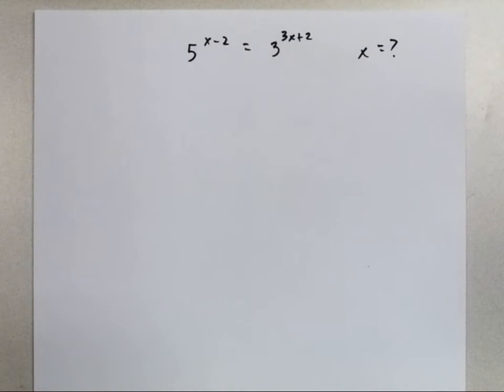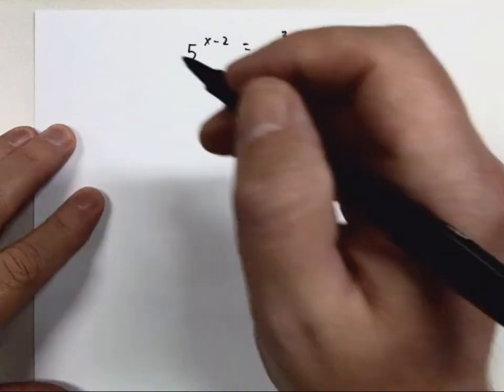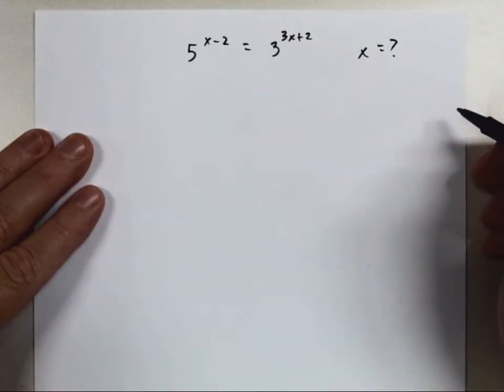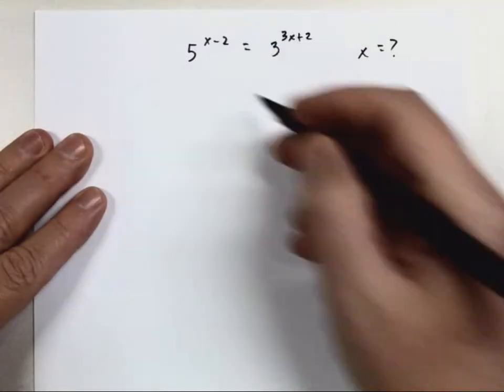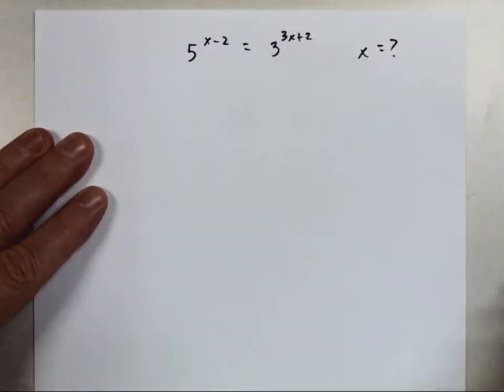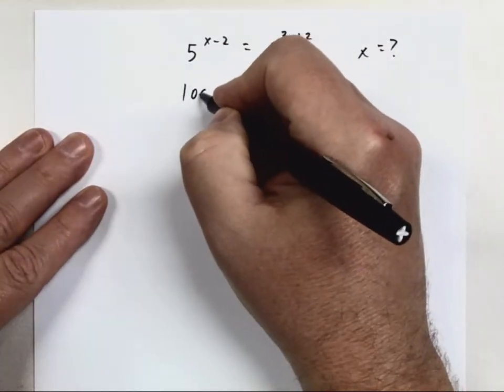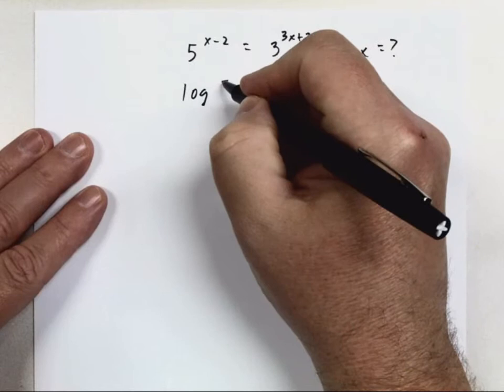The only way we can hope to solve this is to take the log of both sides. Now I'm going to use common log, log base 10. You could use natural log if you want, because we're going to actually calculate a number, use our calculator. So I want either common log or natural log. I'll do common log.